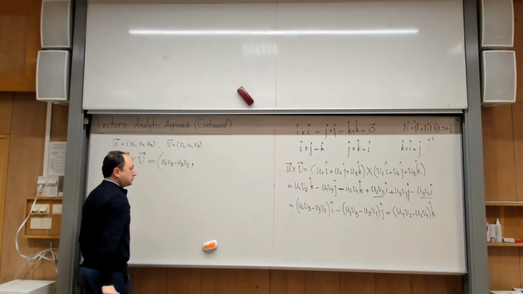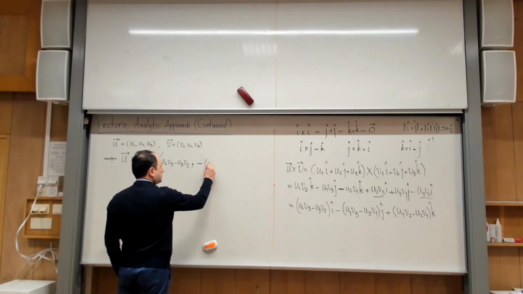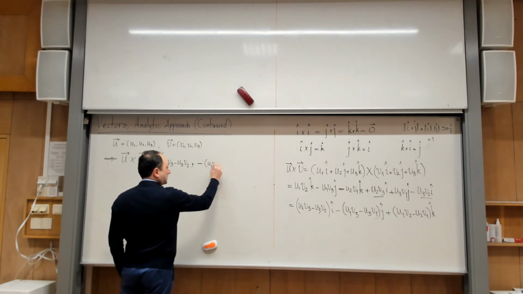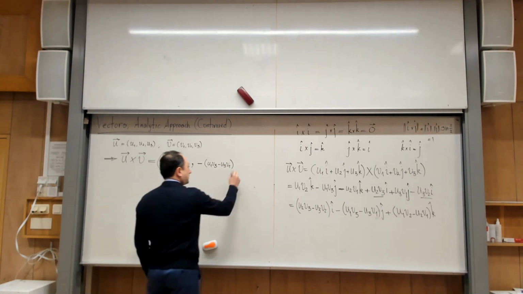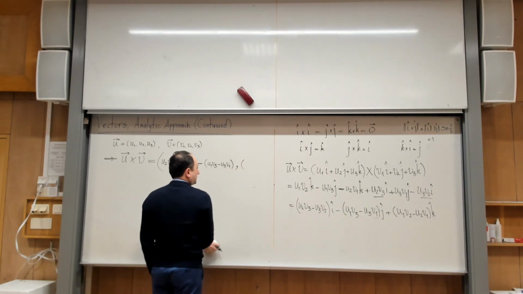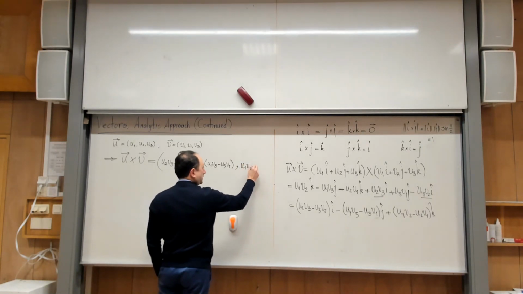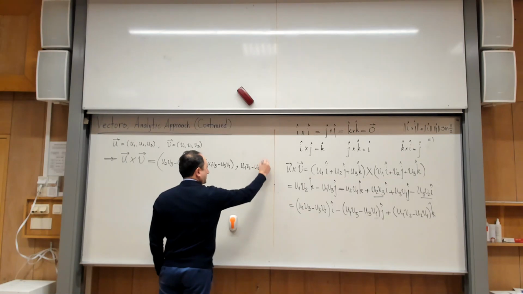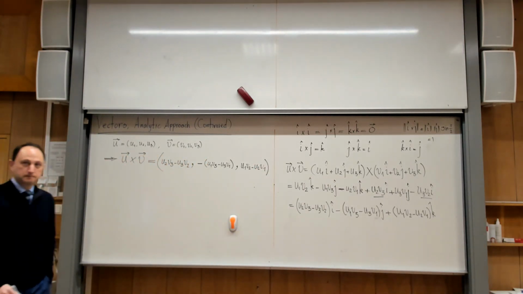The second component includes a negative sign, and then you have U1 V3 minus U3 V1. The next one is, you don't need these brackets here, U1 V2 minus U2 V1. That's it. Okay.